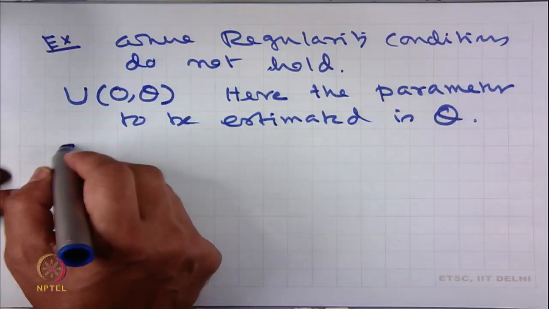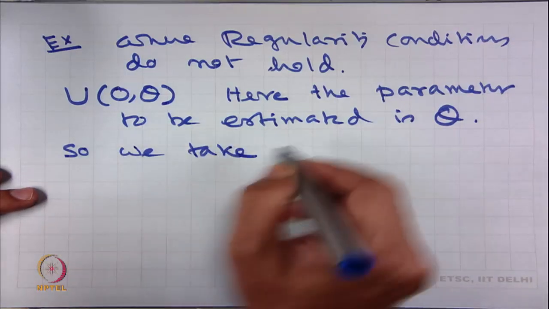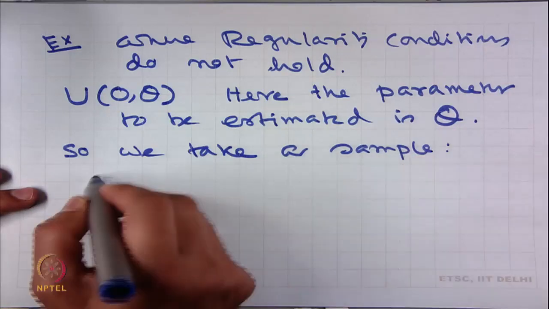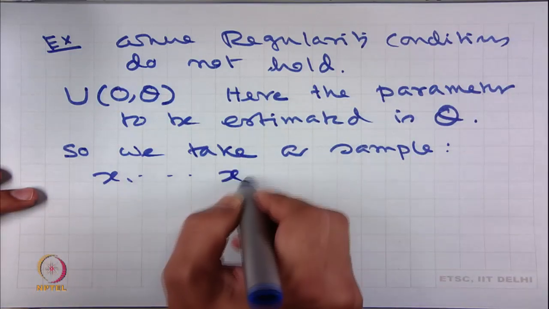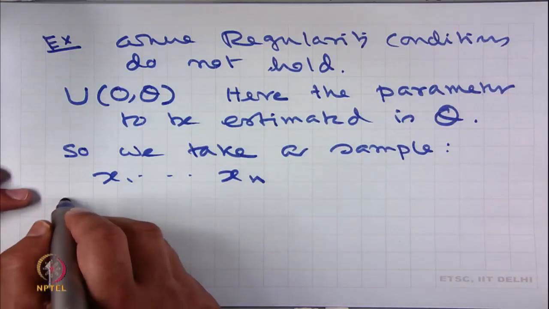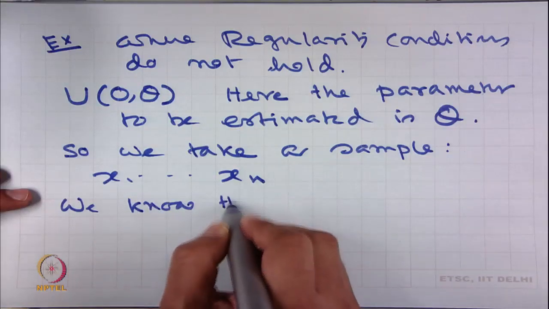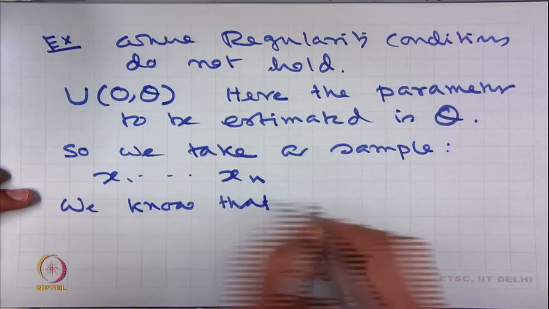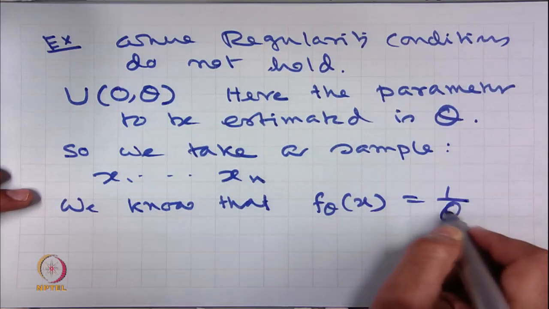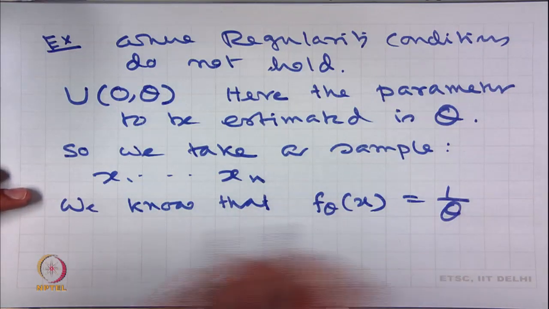So, we take a sample x1, x2, up to xn, and we know that f theta of x is equal to 1 upon theta, as it is uniform in the interval 0 theta.